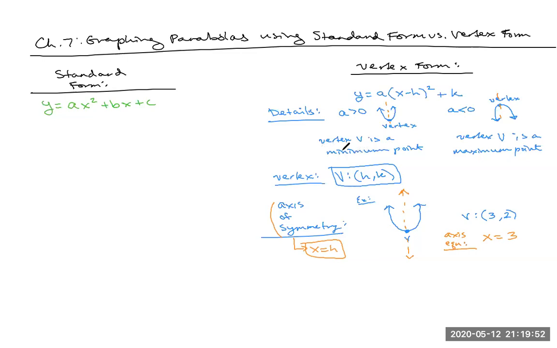All right. So one more thing to mention about this, how would I get vertex form if it weren't given to me? Essentially, if I take my standard form and I complete the square on my function, then I actually get to vertex form.